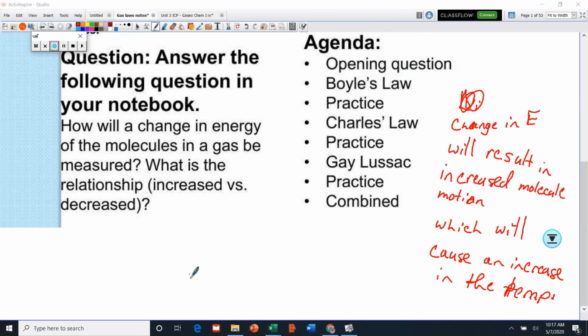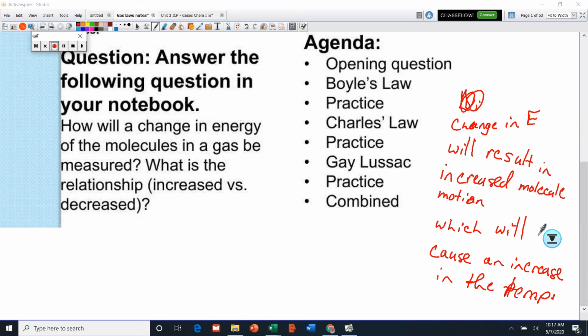All right. So how will change in the energy of the molecules in a gas be measured? Well, we would see it in a couple of different ways. When we change the energy in the molecules, we're going to see increased molecule motion.